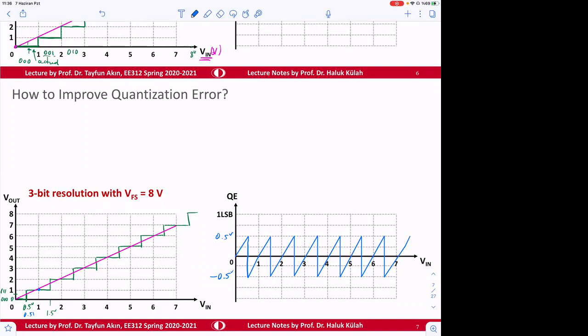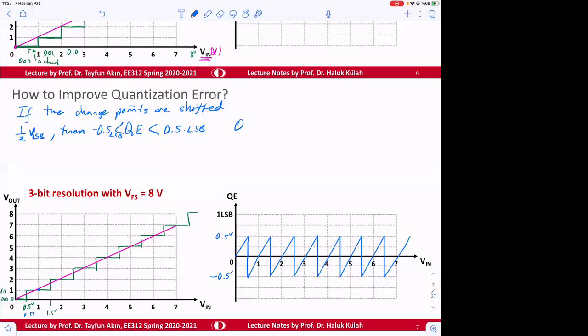Okay, so the quantization error now, if the change points are shifted 1/2 voltage of LSB, then the quantization error will be between 0.5 LSB and minus 0.5 LSB.